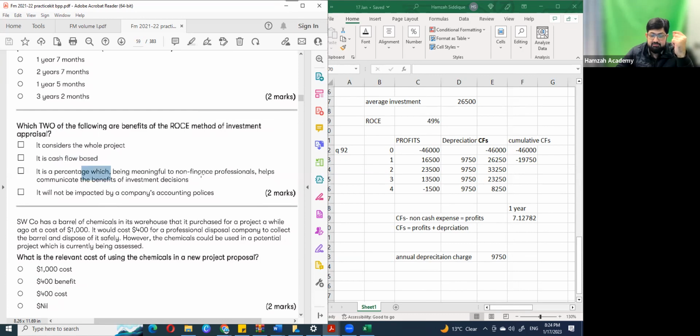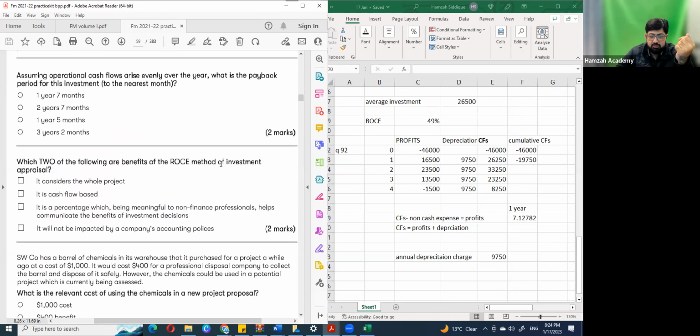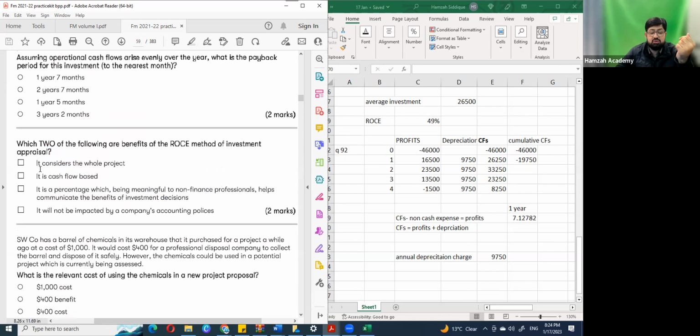It is a percentage which is meaningful to non-finance people. Exactly, easy to understand. It is impacted by... wrong. So the answer is A and C. Which two of the following are benefits? So A and C. Is it clear? Tell me.